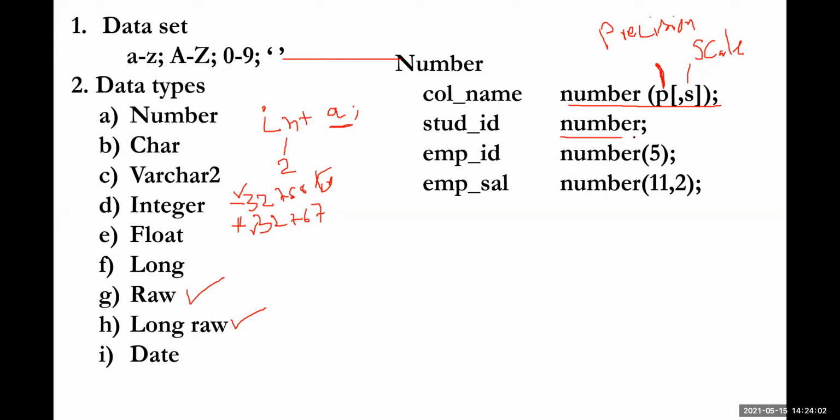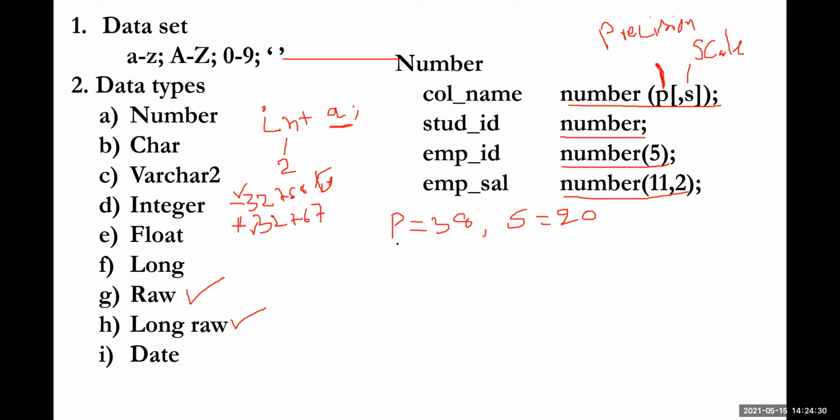Second one is with only the precision value. Third one is with precision and scale, where both values are specified. What exactly is the meaning? By default, the precision default value will be 38, and the scale default value will be 20.